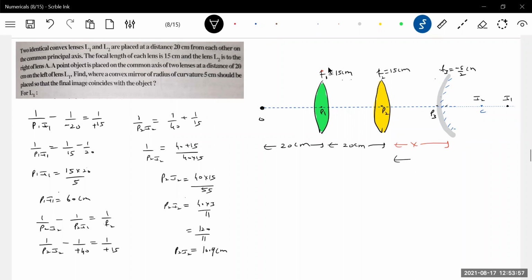Sir, even if the image is at the pole, it will retrace its path, no, sir? Check it. This was how much? 10.9 centimeter. In that I should take out this 2.5. Not 2.5, 5 centimeters, sorry.